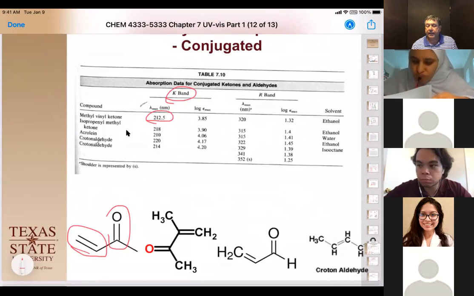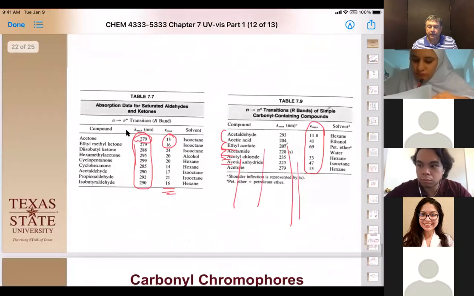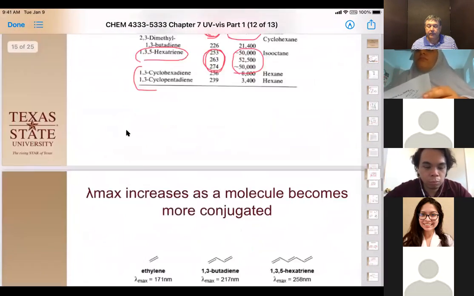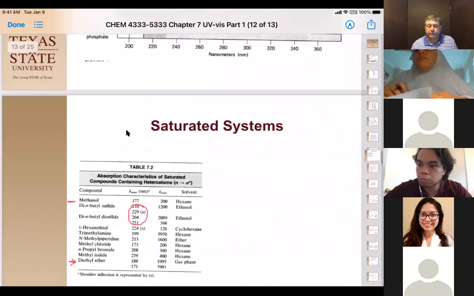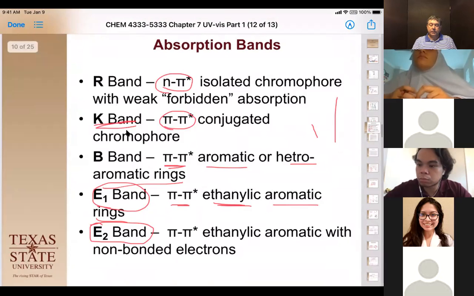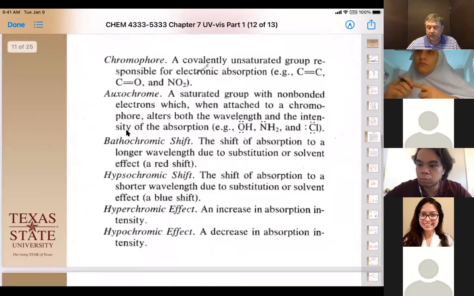If you'll remember what the K band is, it is the pi to pi star transition. The R band is the n to pi star transition. So let's go back.